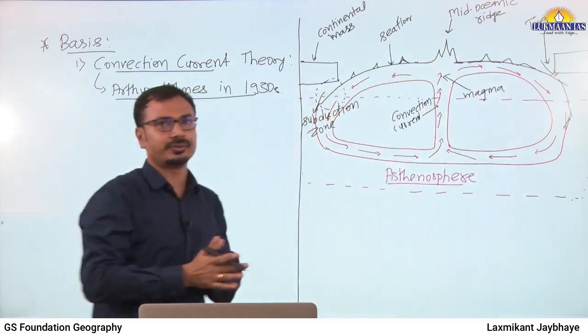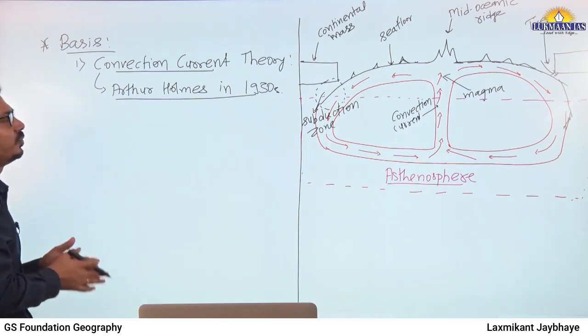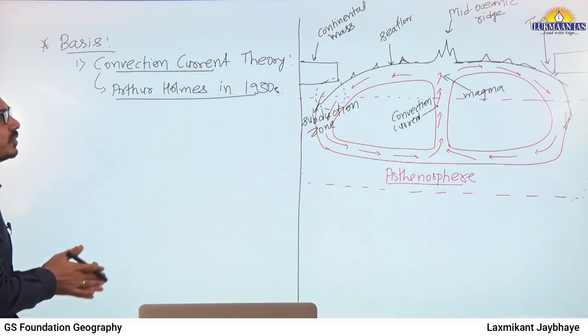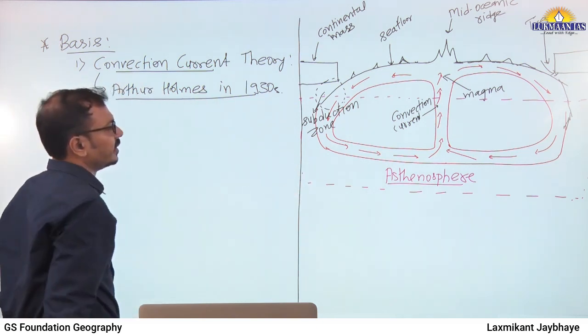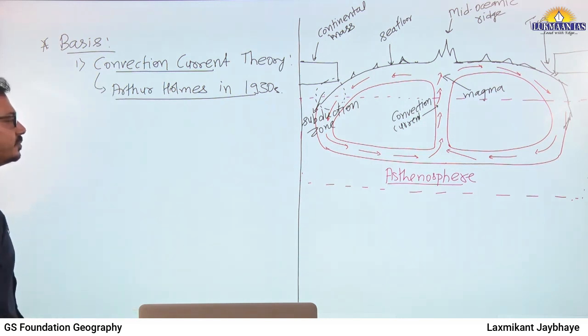This is observed, and that's why we are saying that the seafloor is continuously spreading. But for this hypothesis, the basis, that is the convection current theory, explains how this is spreading. Let us try to understand that.